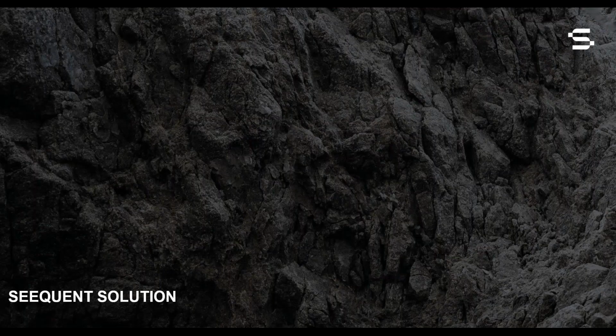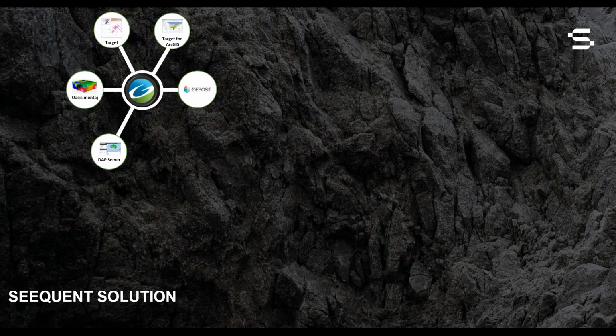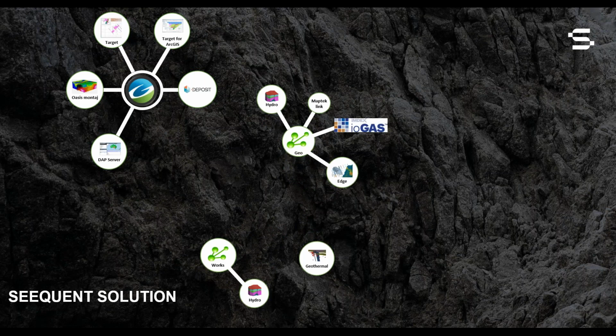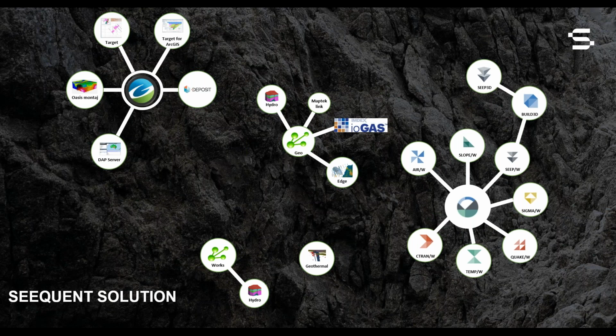So the SEEQUENT solution encompasses a range of software products applicable for use across the value mining chain. We have the GeoSoft suite of products and the Leapfrog suite of products, both for GIS mapping, geophysical, geochemical, geological, and resource modeling. And we also have the GeoSlope products that are designed for geotechnical engineering problems.